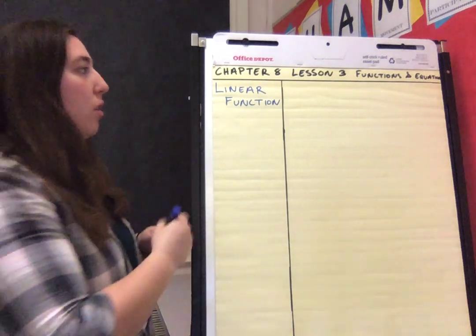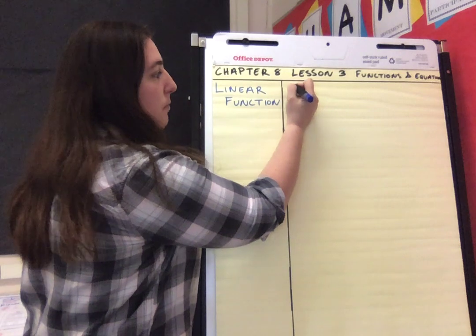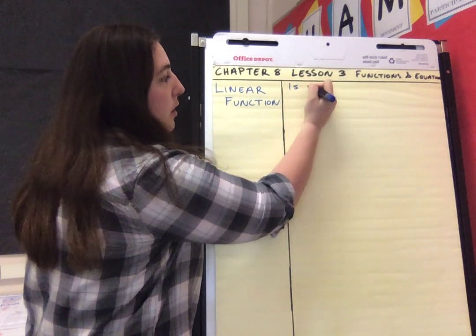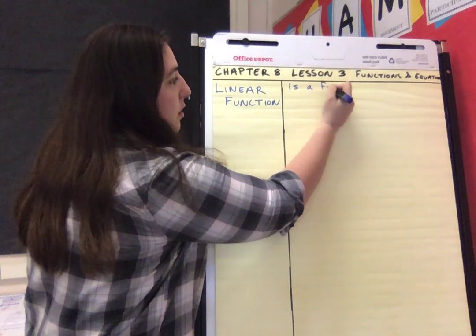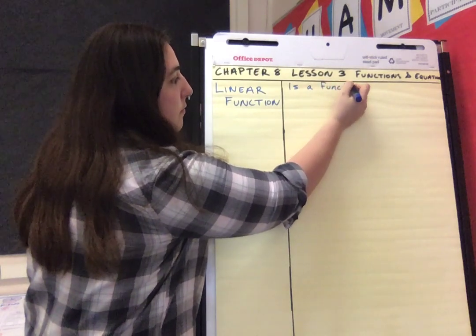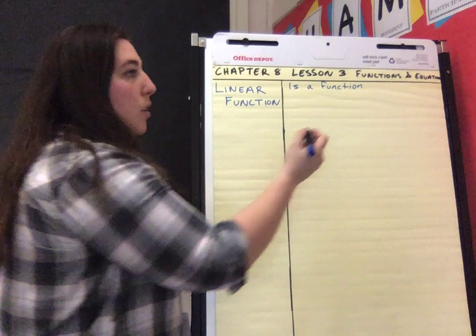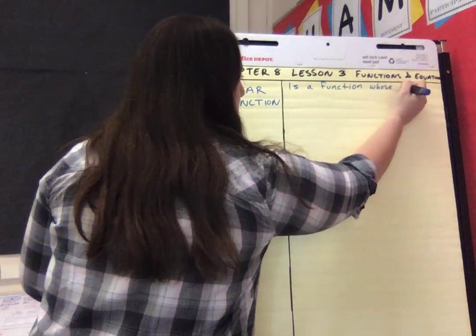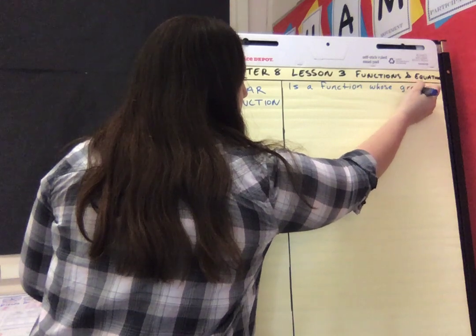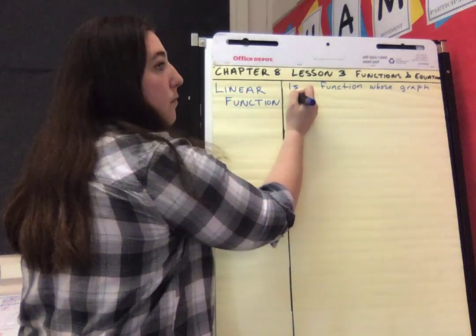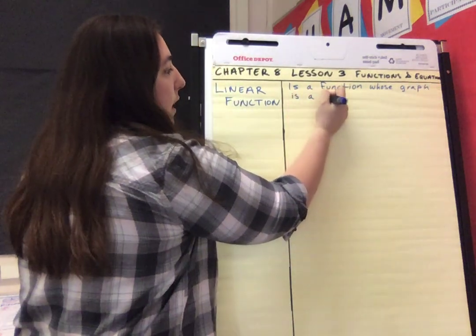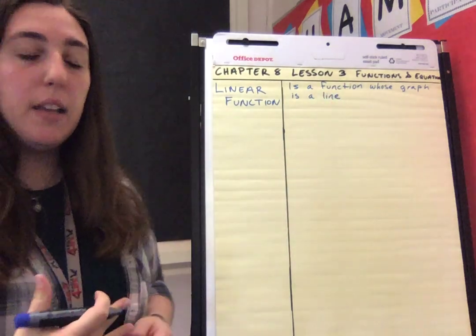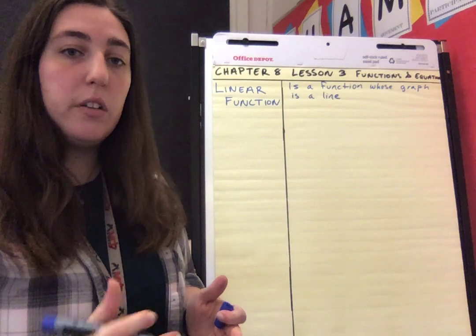So in our definition, we're going to write down that a linear function is a function whose graph is a line.